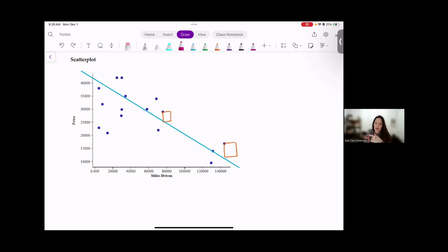So R is going to have either a positive or a negative. So for R that is positive, that means that there is a positive association between the X and the Y value.